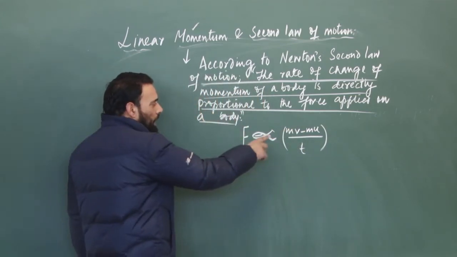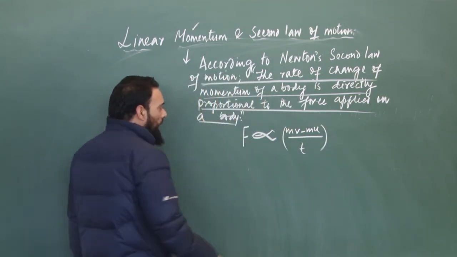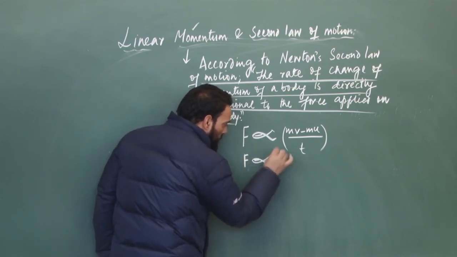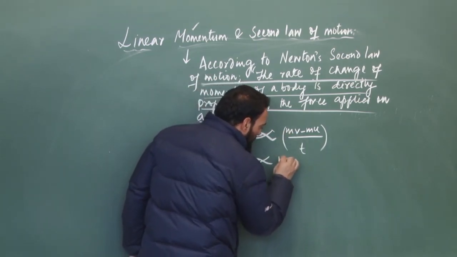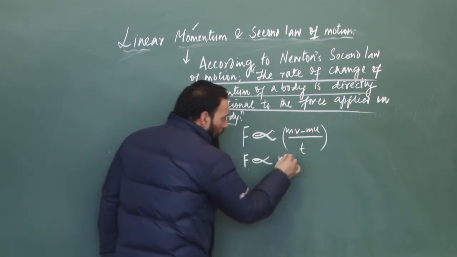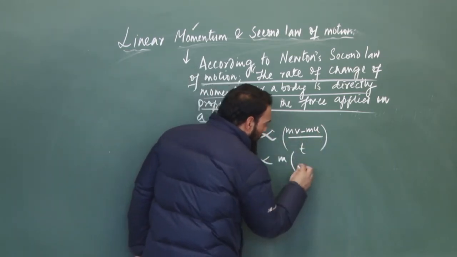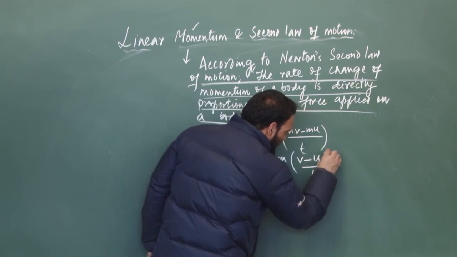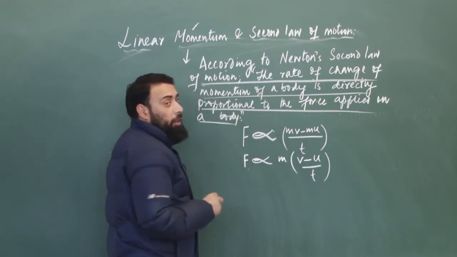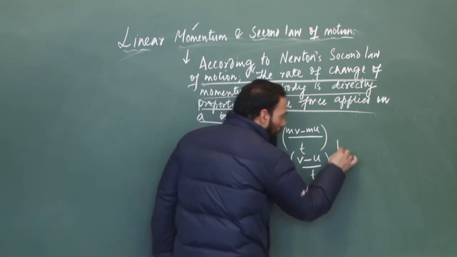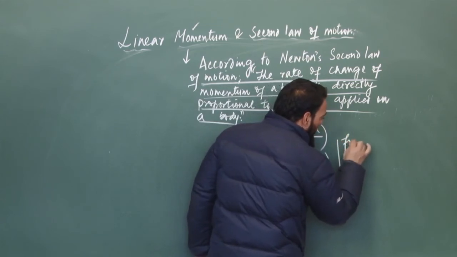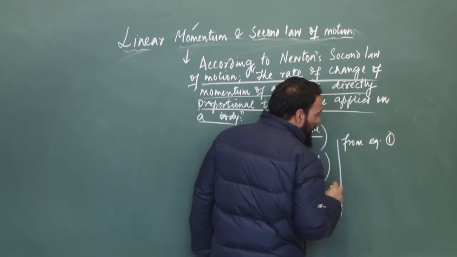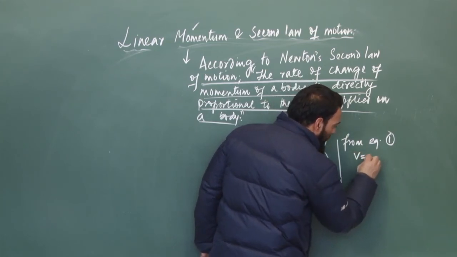So if I rearrange this equation, I can write it like this. F is directly proportional, m is common, then m is removed, then it becomes v minus u divided by t. From the first equation of motion, v is equal to u plus at.